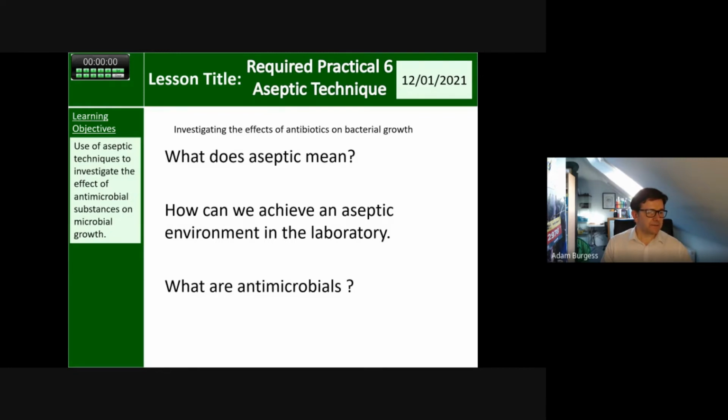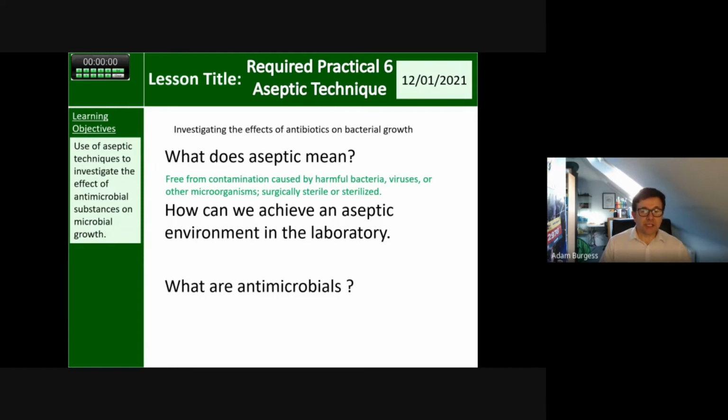Any others? Basically, it's free from contamination caused by harmful bacteria, viruses or other microbes. So it's what we call surgically sterile or sterilized. So that's what we mean by aseptic.